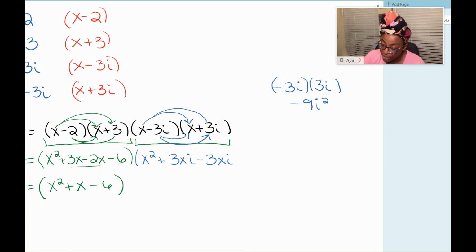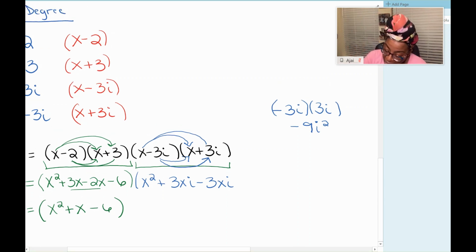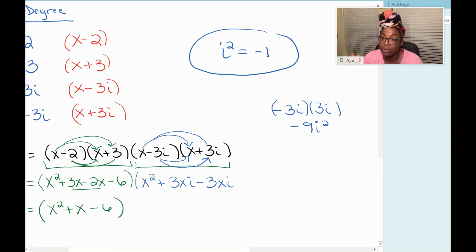A little trick here. i squared is equal to negative 1. Always, always. This is very, very important that you understand this. i squared is always going to be equal to negative 1. This is a property. This is a rule from learning your complex numbers.